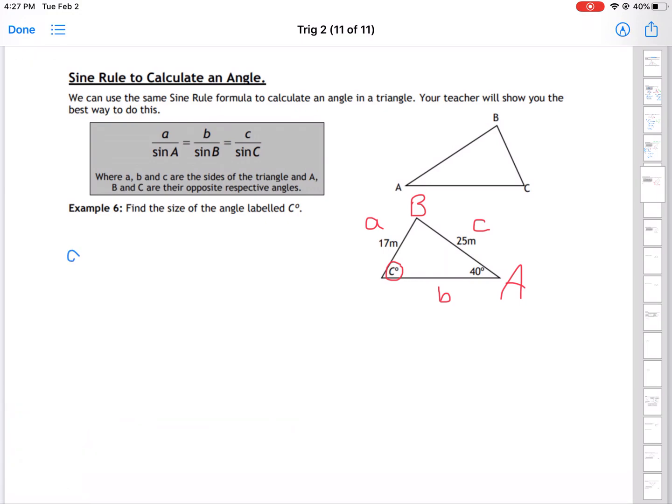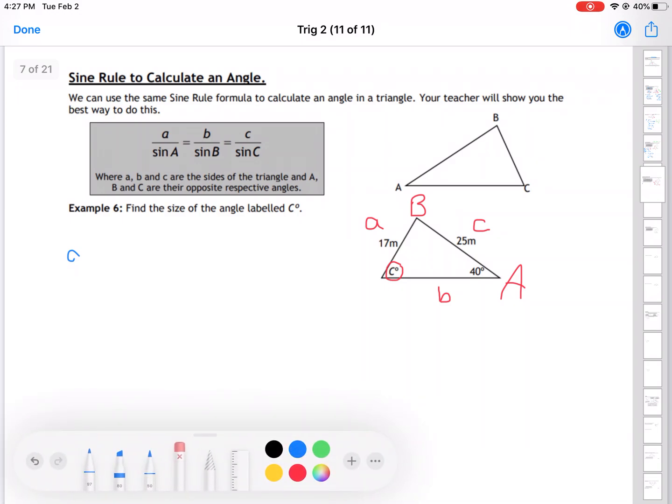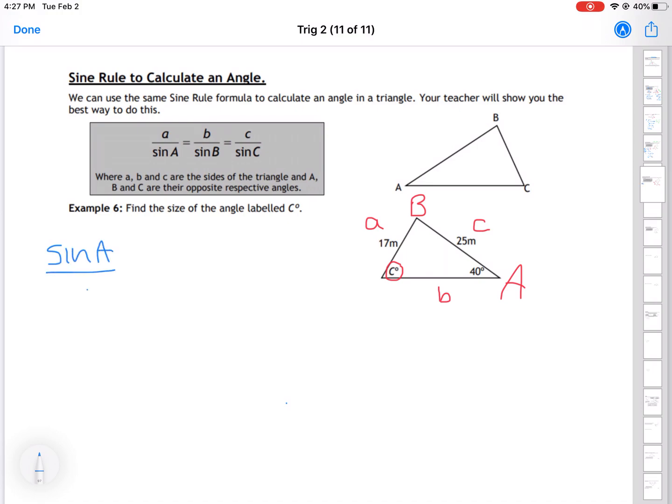Now, I'm going to ask you to alter the sine rule here, okay? You're not given the sine rule in this form in your formula sheet, but if we flip our sine rule upside down, so all parts, i.e. we put the sines on the top and the sides on the bottom, then that process is mathematically sound.